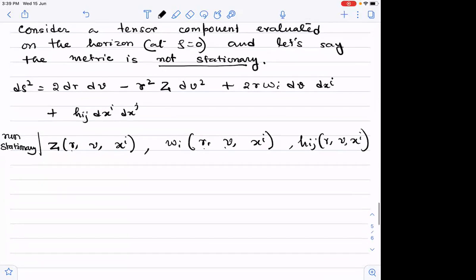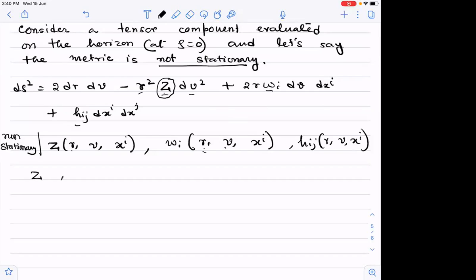Now in this metric, if you apply a boost transformation, those z, omega I and hij independently are not covariant tensors under the full bulk space-time. You could see that under the boost transformation, the r will change and the v will change, and they will cancel each other. Therefore, z will not have any overall factor. The arguments of z will change, and that will break the boost symmetry, but the overall z will not change.